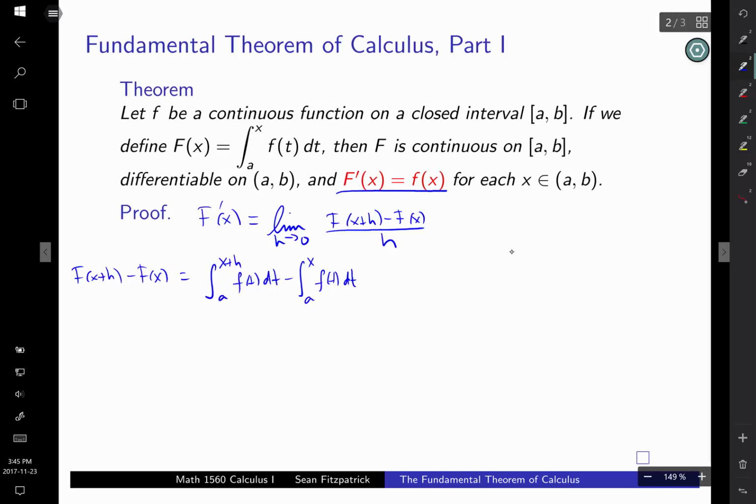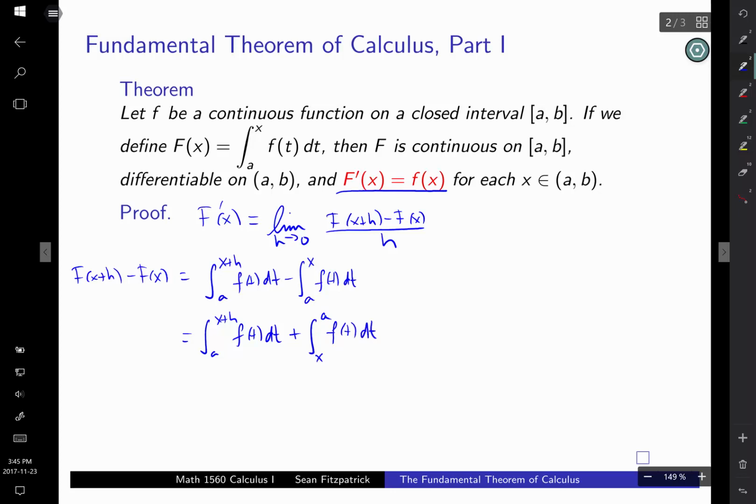Now, think back to those properties of integrals that we did a couple of videos ago. One of them says that if there's a minus sign out front, you can get rid of that minus sign by flipping the limits. So we can do this. That minus becomes a plus if a and x change places.